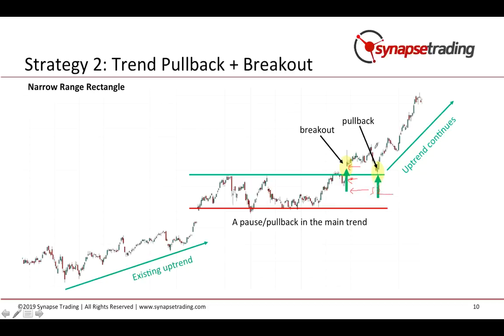And then when prices pull back, you can also enter here, right, and use the same stop loss, and then you get to capture the new uptrend. So this is the second strategy, right? Entering on the pullback of the main trend using the rectangle pattern.